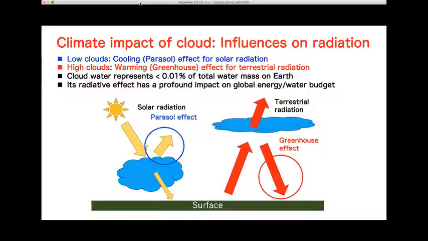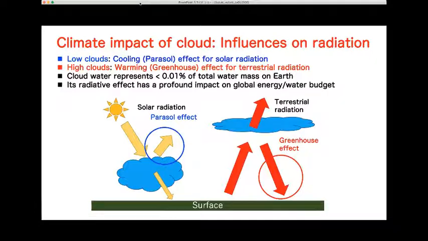Basically, the clouds prevent the terrestrial radiation, or thermal radiation, from escaping from the Earth. So that is the so-called greenhouse effect of clouds. And through these two profound impacts of clouds on Earth radiation, they have a profound impact on the global energy and water budget.